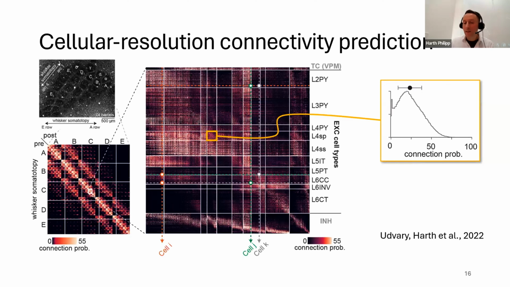For example, we can use this model to assess how connectivity patterns would look like if we have this stochastic, essentially parameter-free model. I mean, there are empirical quantities going into this model, measured quantities, but essentially it's a parsimonious parameter-free model. And based on this, we now get a baseline or a null model that gives us a first-order estimate of what connectivity would look like solely based on these morphological structures.